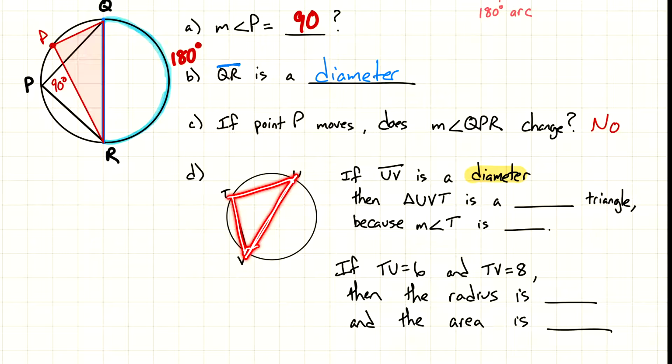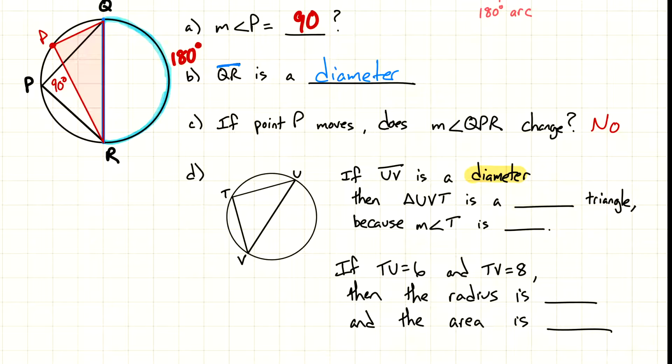So I'll give you some options here. Is it an isosceles triangle? Is it an equilateral triangle? Is it a right triangle? I'll give you those three options: isosceles, equilateral, or a right triangle. So let's see if you get this correct.